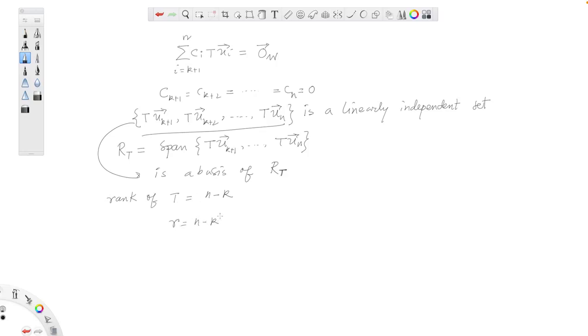We get r equal to n minus k, where k is the nullity of the linear transformation T, since u1, u2 all the way up to uk, this set was taken to be the basis of the null space of T or the kernel of T. So it boils down to the fact that r plus k is equal to n, meaning that the dimension of V is equal to the rank of T plus the nullity of T. QED.